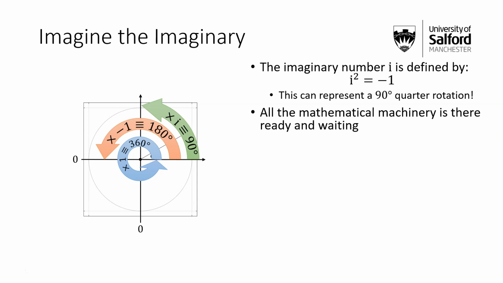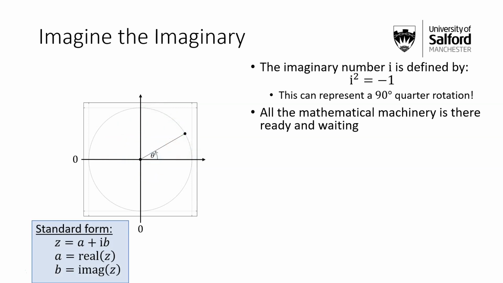If we take the standard form of complex numbers, we've got a real part a, which is the real part of z, and an imaginary part. If we say that these are the axes on our diagram, then this is something called an Argand diagram. And z would be the coordinate of the dot on the circle end of the little line, which is the point on the wave that we're thinking about.